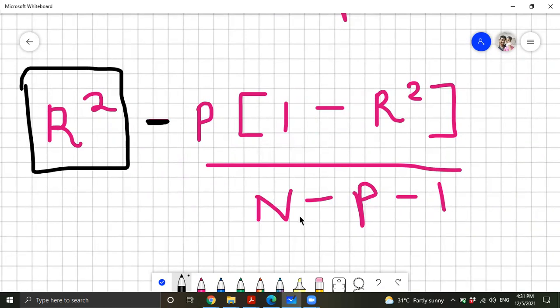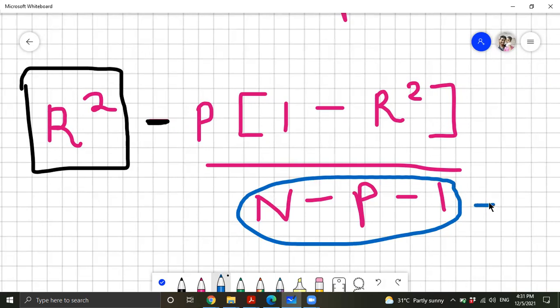Generally capital N is much greater than P, because N will be in the thousands, even millions, but P will be a maximum of 50 or 100. So generally this term will be positive. This term is positive.